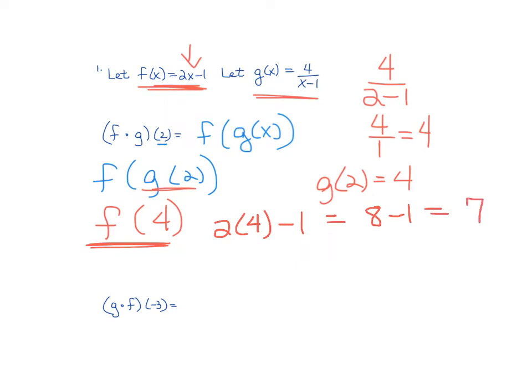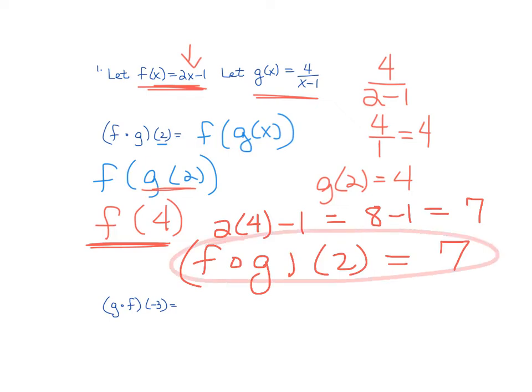So f of 4 equals 7, which is really the answer to the original problem. So the composite function of f and g when x equals 2 is 7. Everybody with me on that?